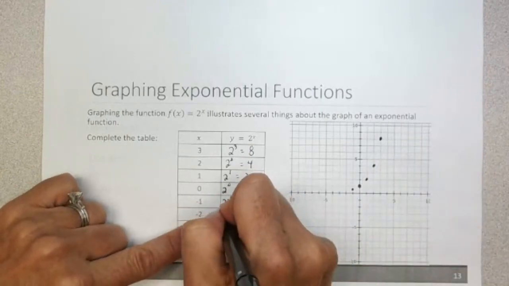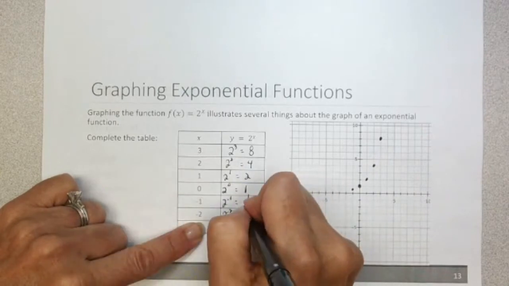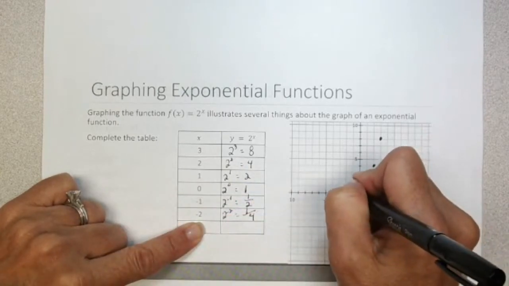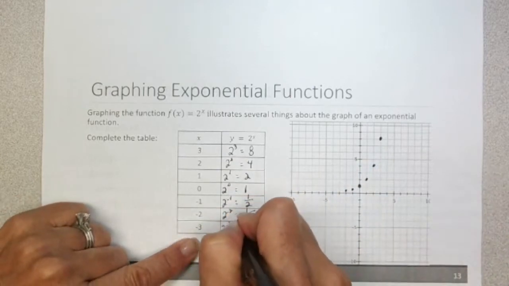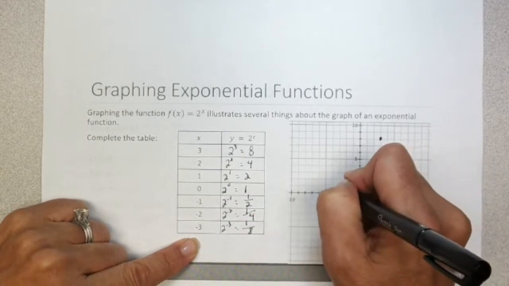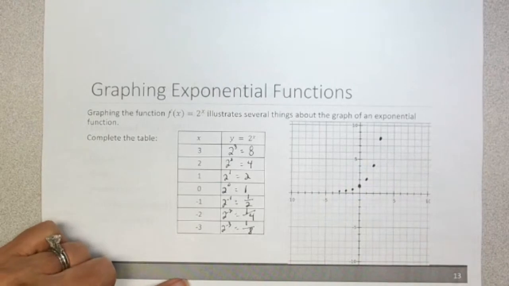How about x is -2? 2 to the -2 is 1 over 2 squared, or 1/4. It's getting close to that x-axis, about right there. 2 to the -3rd power is 1 over 2 cubed, or 1/8. Getting even closer. What's going to happen as x continues to get smaller?